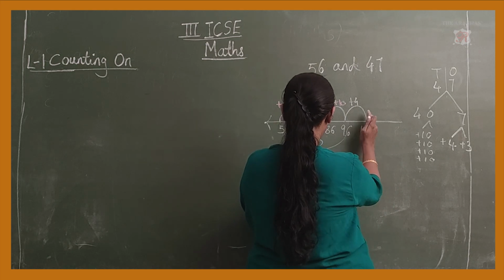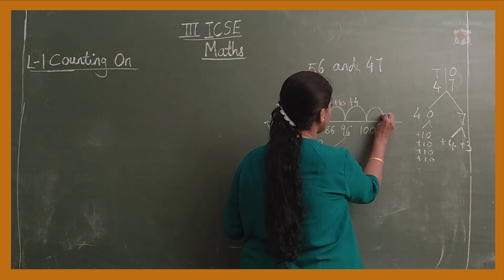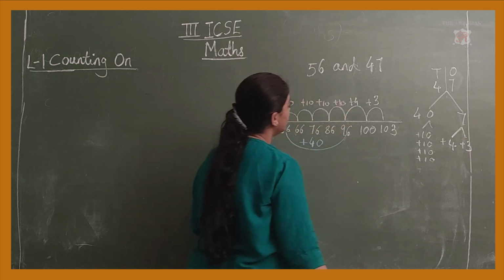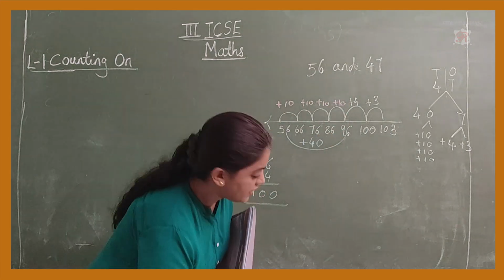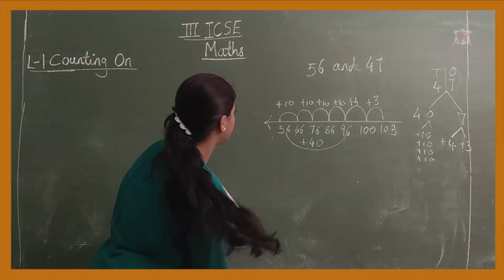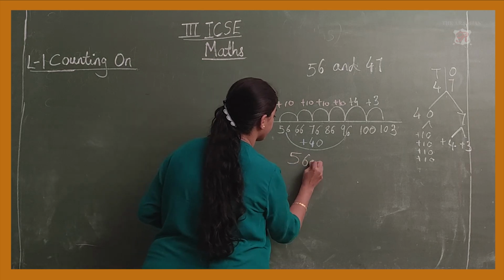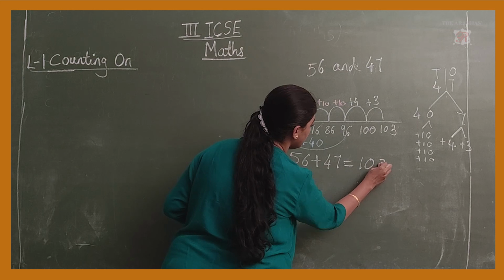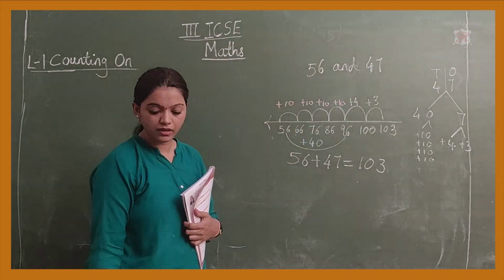Okay, and 100. Now next number only 3 is left. So plus 3, it becomes 103. So your number 56 plus 47 is 103. This was your example number 2.